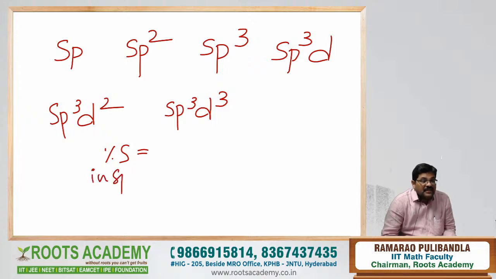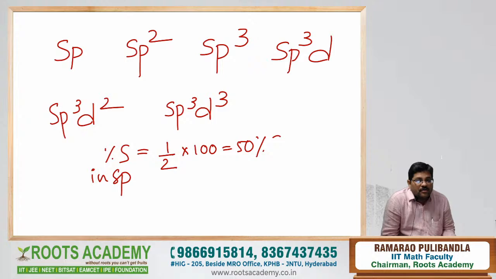In sp, only one s orbital is there, and sp means 2 hybrid orbitals. Therefore, 1 by 2 into 100 equals 50% s character.